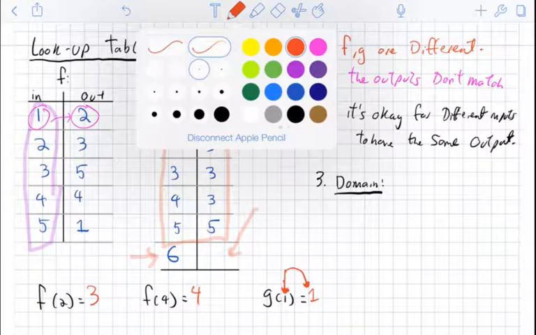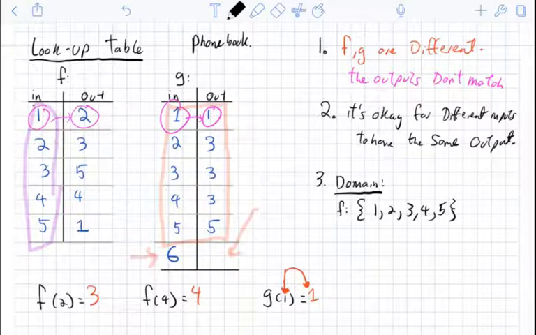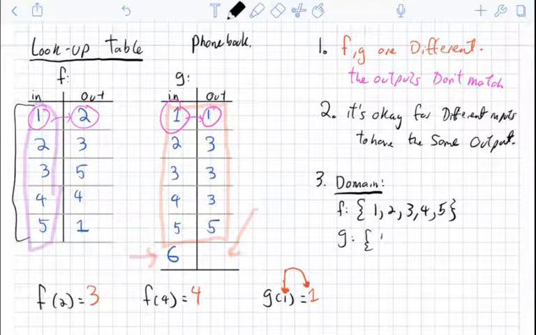It's a lot easier to write out the domain of these functions than it is in a pickle diagram. So for f of x, the domain is 1, 2, 3, 4, 5. For g, the domain is 1, 2, 3, 4, 5.